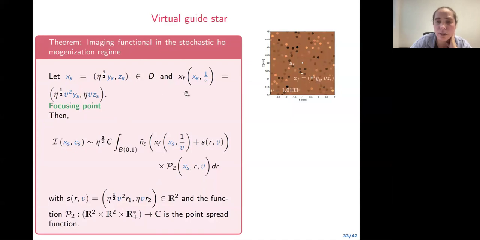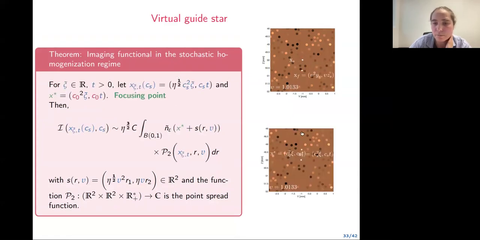So here I do the same thing. I choose an xf so that it is constant whichever speed cs I am considering. And what's moving is my xs.